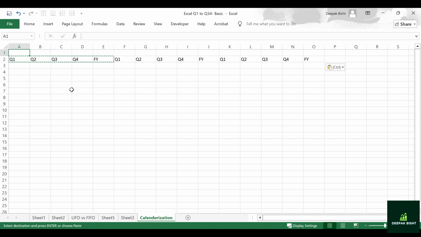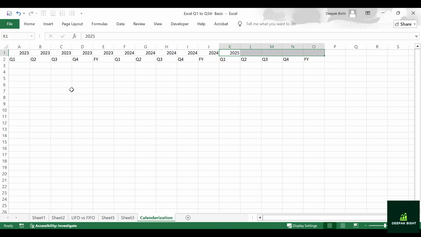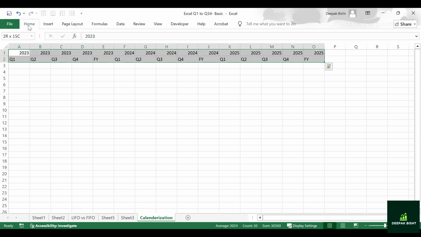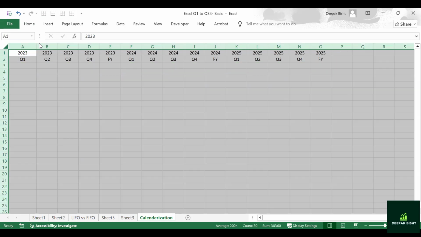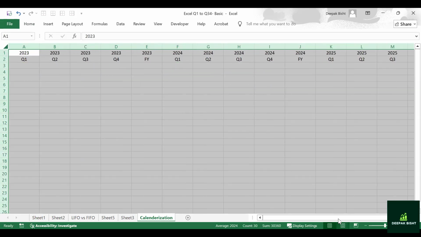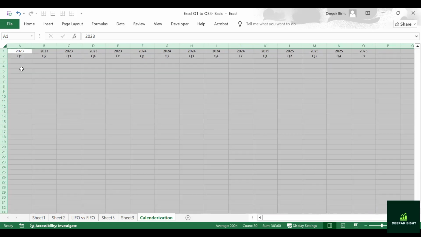Let's assume this is 2023, this one is 2024, and this one is 2025. So what does trailing 12 months mean? Let's do a little formatting so that it looks better.